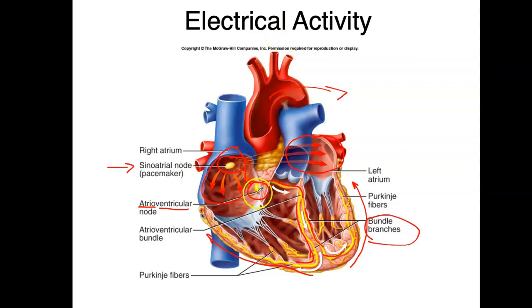So that organization is important, that it goes from SA node to AV node down to the atrioventricular bundle, to the bundle branches, because it's just branched out. And look, there's lots of branching that goes on here. And then all the way up the outside of the ventricle. In other words, we're going to squeeze. The outcome of that is to squeeze this and eject blood.